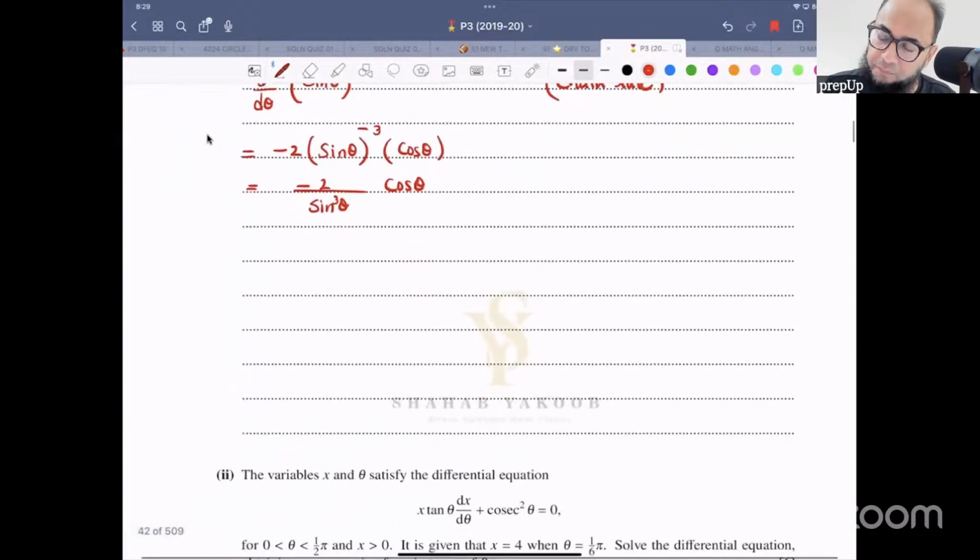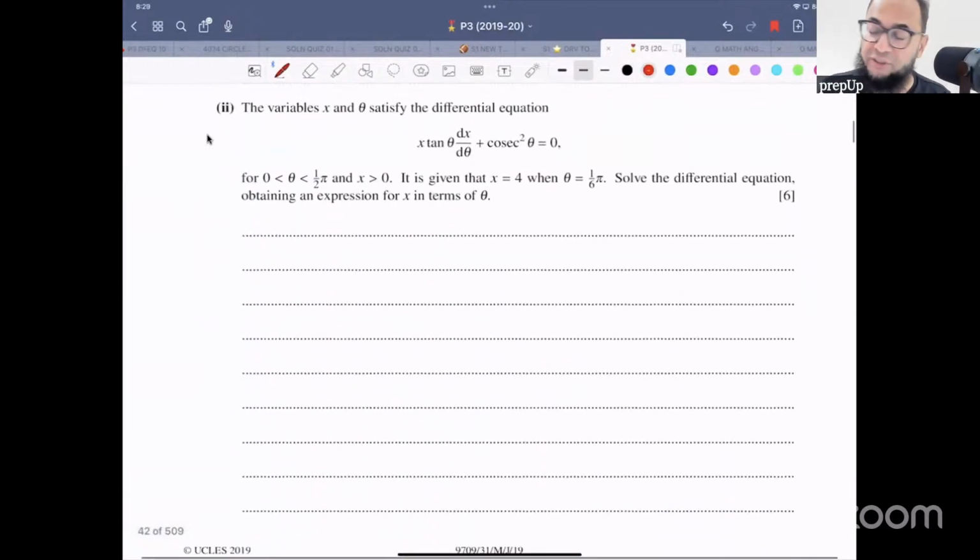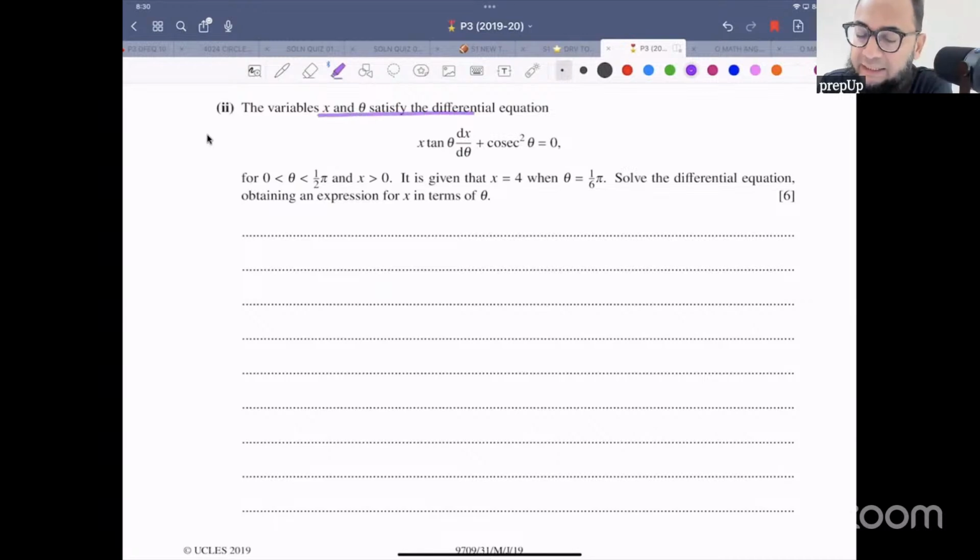Now the next part, and we are focusing on differential equation. Just have a good look at it. And let me get my things straightened out. Okay. So now the question says the variables x and theta satisfy this differential equation. So this is x and theta. These two are the variables.